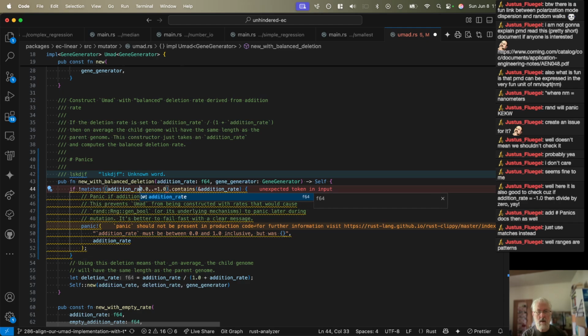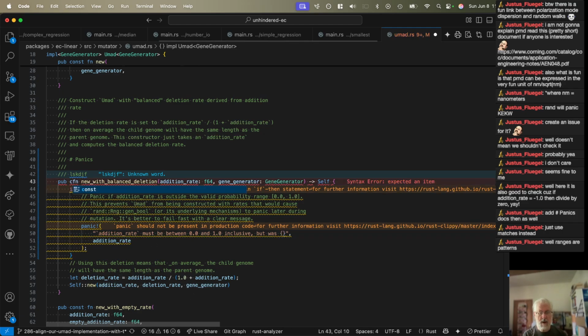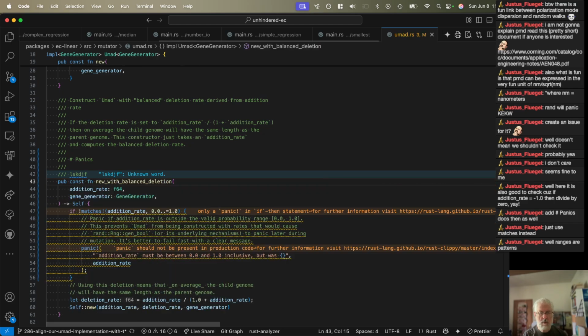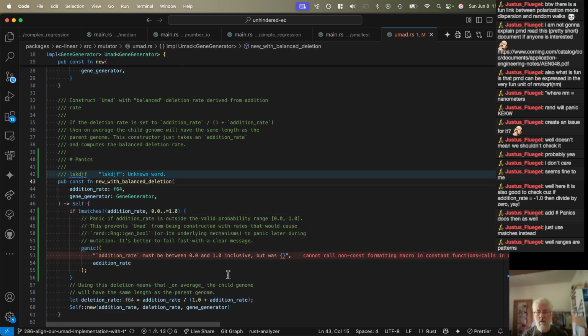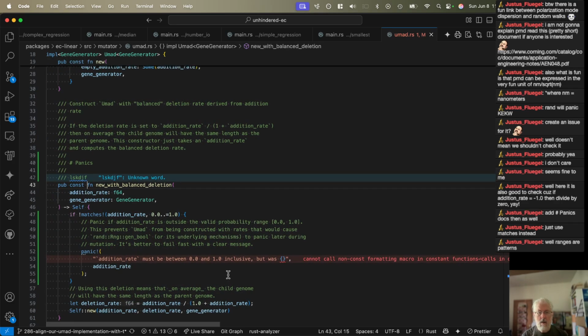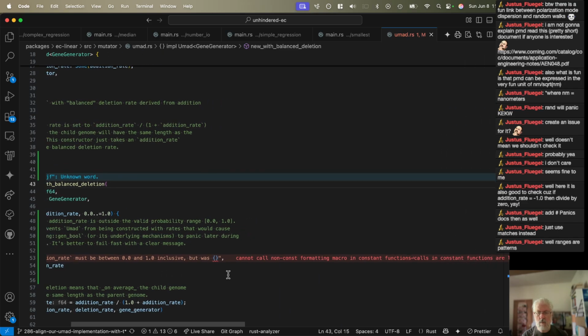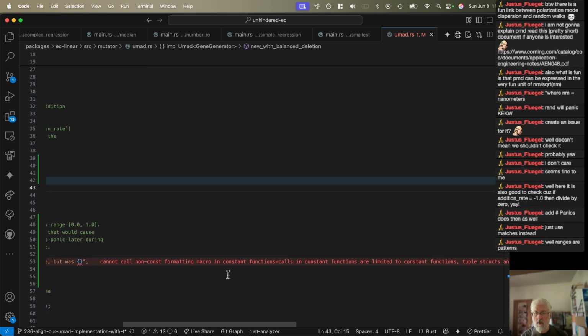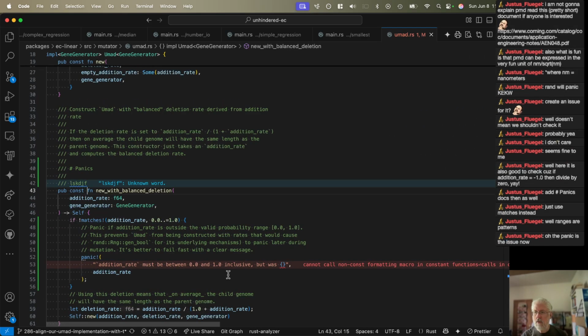Addition rate, 0, 0. So that. And then does that bring const back in as an option? Oops. Oh, no. Because the panic doesn't let us do constant.